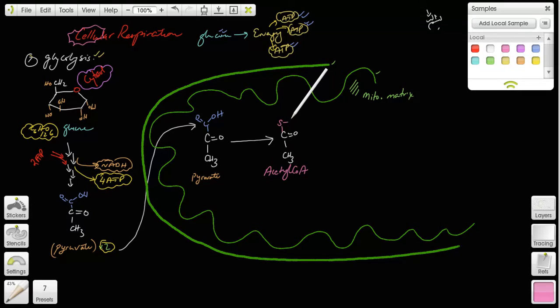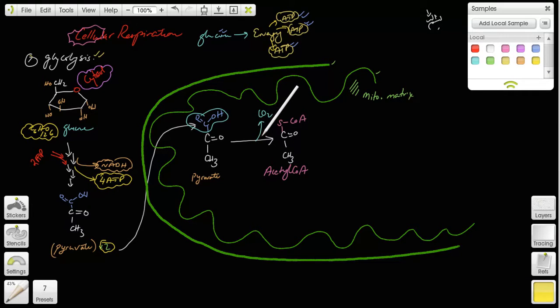The change actually occurs over here. So what's going to happen is that this carboxylic acid group is going to be released from the pyruvate in this reaction, and it's going to generate a carbon dioxide molecule like this.